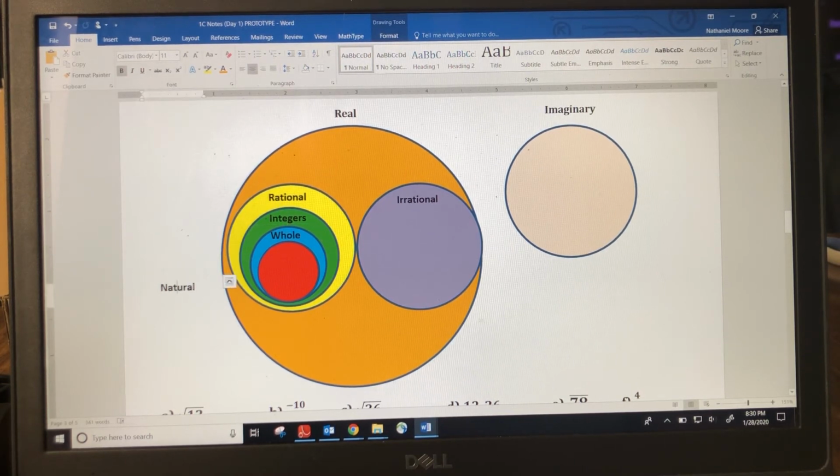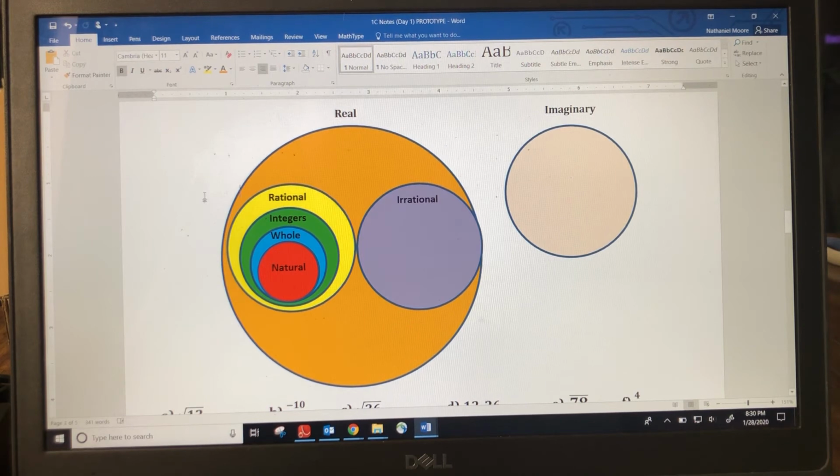And then inside whole numbers is an even more specific group, which is natural. Natural is the most specific one, which is basically positive integers: 1, 2, 3, 4, 5, 6, 7, 8, 9, 10. It includes everything except 0. This one includes everything but negatives. This one includes everything but fractions and decimals. This includes pretty much everything. And real is pretty much everything that's not imaginary.